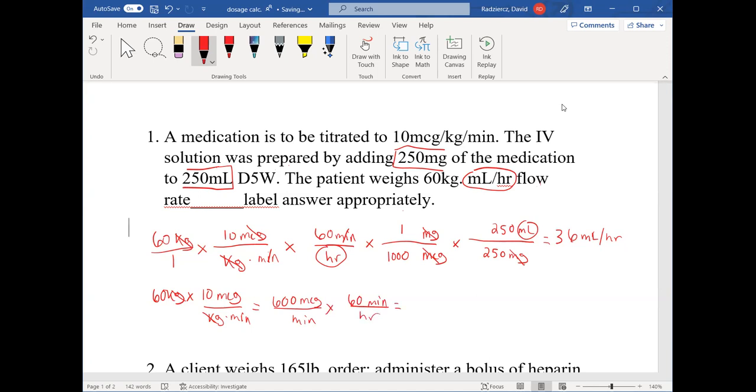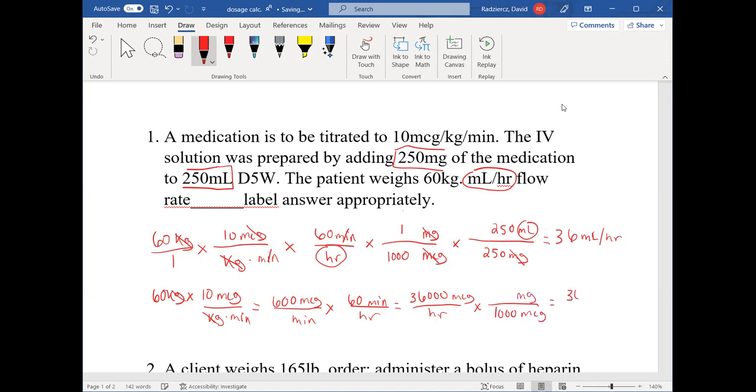So if you're looking at this, you're like, I don't like that, then that's fine. Don't do what I'm doing. You get 36,000 micrograms per hour. Then I would convert micrograms to milligrams. So you could just move your decimal point over or if it's good to review.